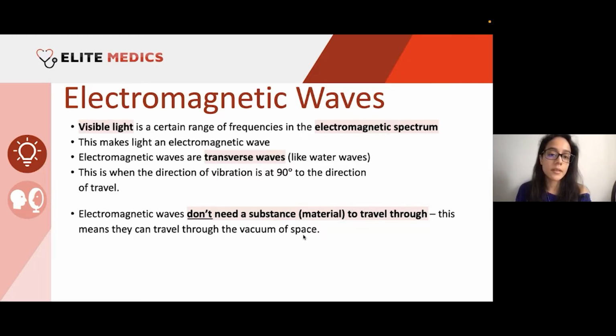This is when the vibrations of the waves are at 90 degrees to the direction the wave is traveling in. As we said, electromagnetic waves don't need a substance to travel through, but they often do. They can travel through space because space is a vacuum.